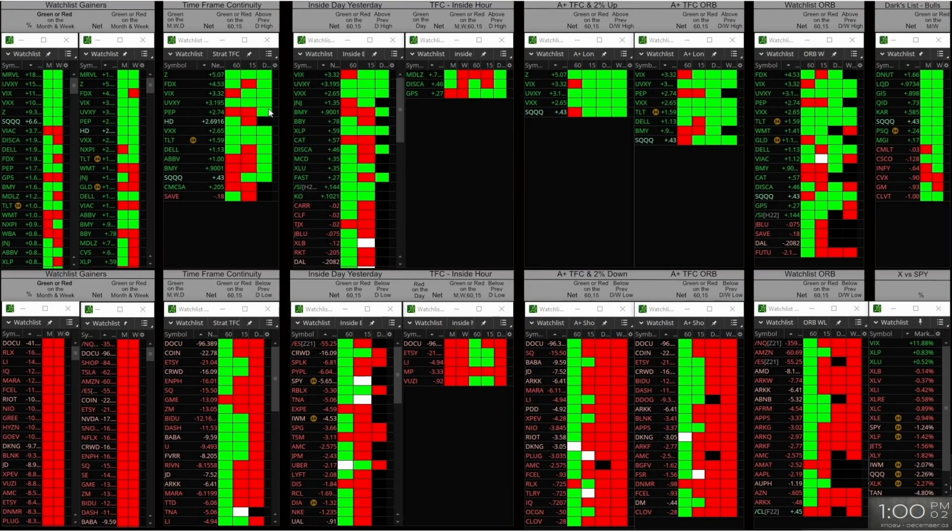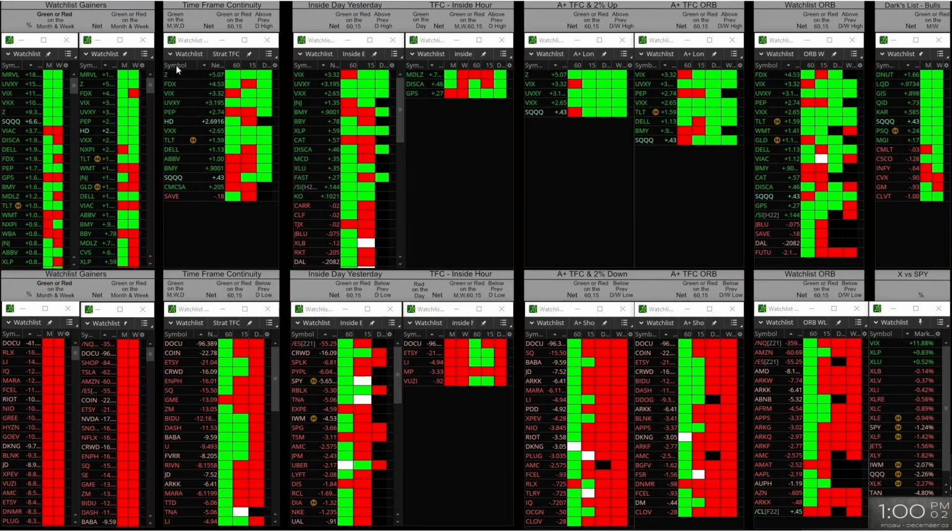Okay, if it just wicks up above the previous day's high and then comes back down, then it would not show up here, or it would just be black, right? Or maybe it never broke above the previous day's high. It wouldn't show up here. But if we're currently trading above the previous day's high, then this box would also be green. Just the opposite, trading below the previous day's low, it'd be red.